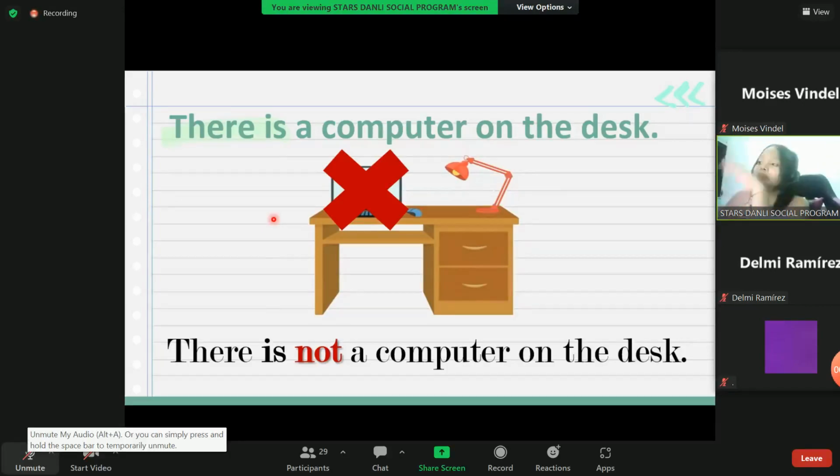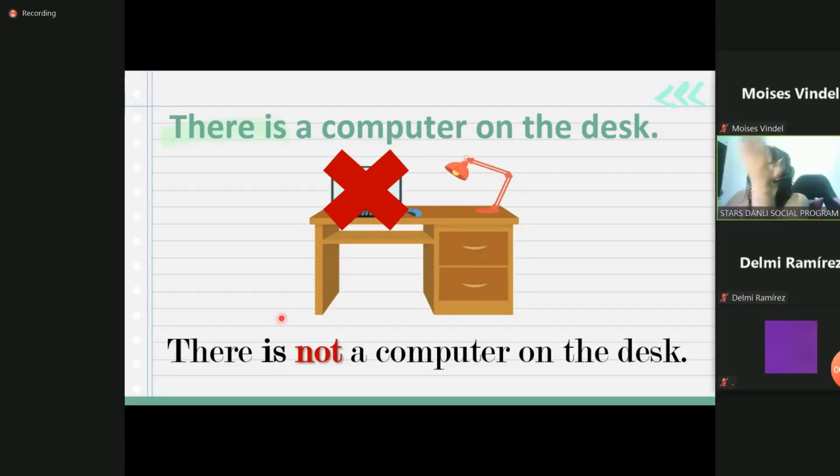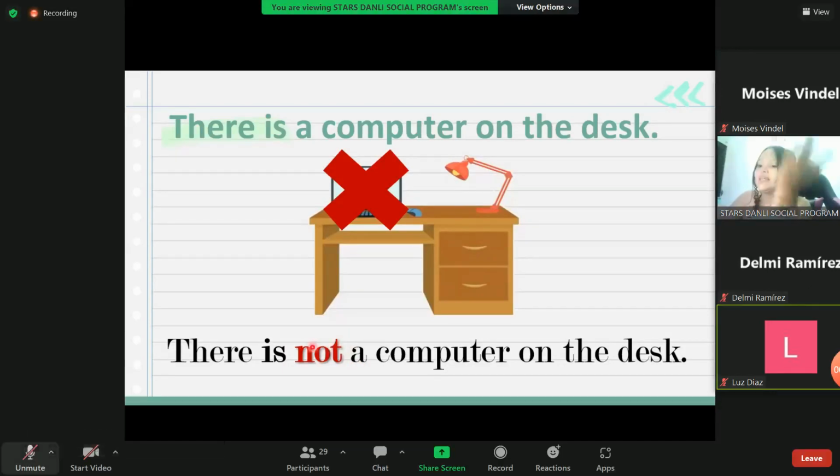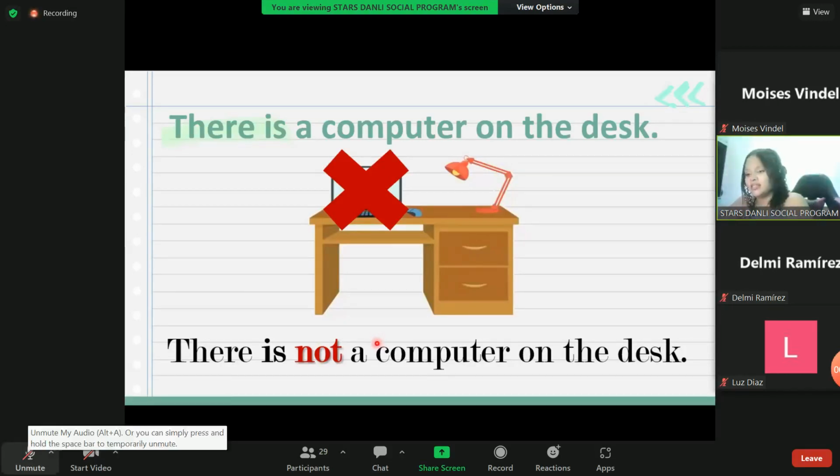Okay, there is not a computer on the desk. And remember that we also have the contraction form. What is the contraction of is and not? Isn't. Excellent, Luz. We say isn't. So we can say there isn't a computer on the desk. And that's all that you need.